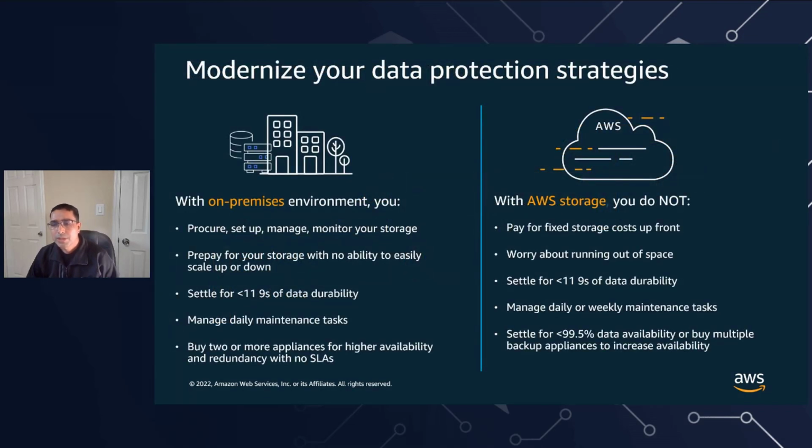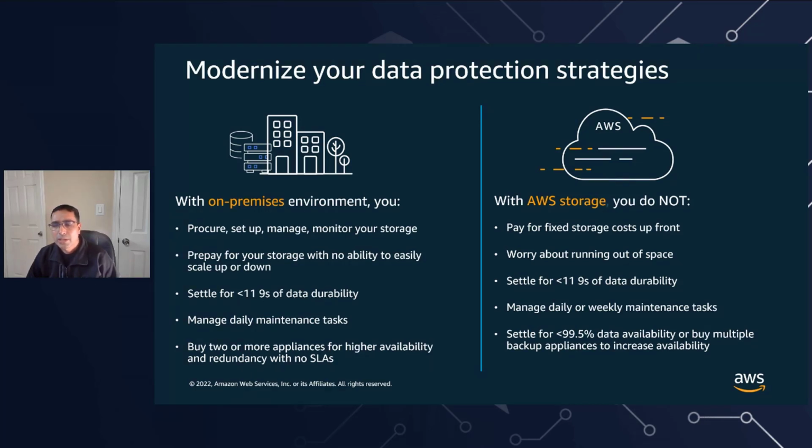So when it comes to the cloud, how is it different when compared to your more familiar on-premises based environment, right? In the case of on-premises, you need to procure, set up, and manage your storage. You have to budget and prepay for the storage arrays, and you continue to spend on these storage costs, even on support costs year after year. You don't have the ability to scale up or down, and most times you end up with less than 11 nines of durability.